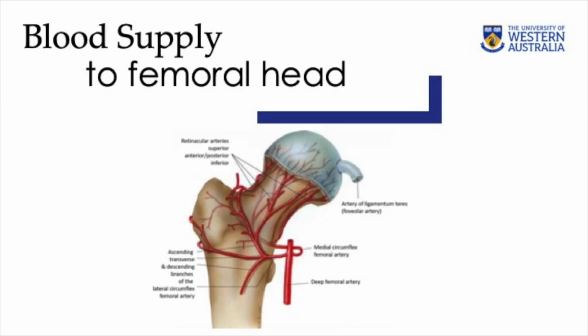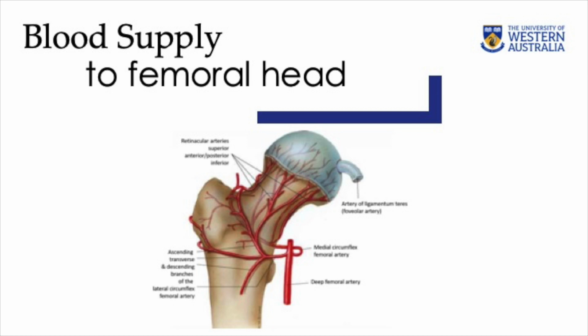The blood supply to the femoral head is extremely important in orthopaedic surgery. You can see the two main vessels, the medial femoral circumflex artery and the lateral femoral circumflex artery, form an extracapsular arterial ring, and the supply to the femoral head comes up through the retinacular arteries.